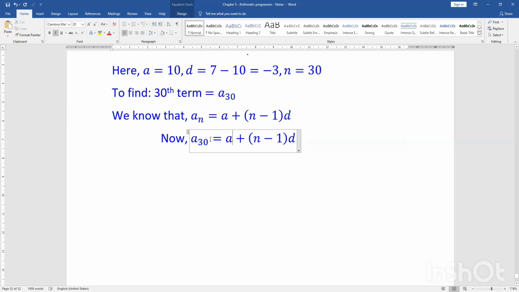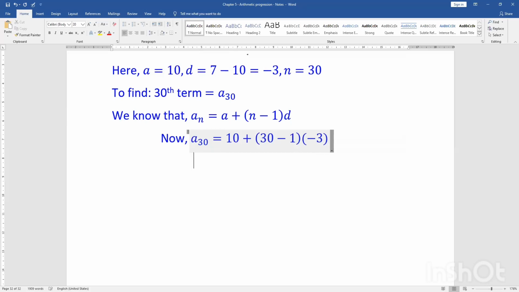The first term a is 10, so I substitute a with 10. The n value is 30 minus 1 into d. The d value is minus 3. As I told you earlier, make sure you enclose it with a bracket. Whenever any number or variable is involved with a minus sign, you should enclose it with a bracket.